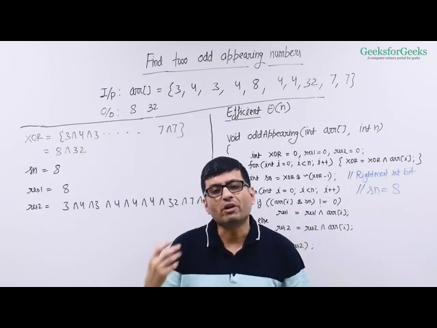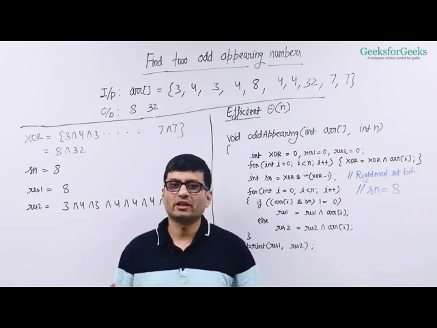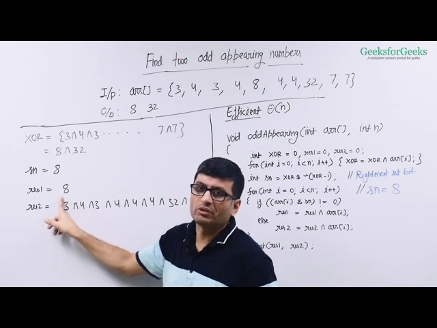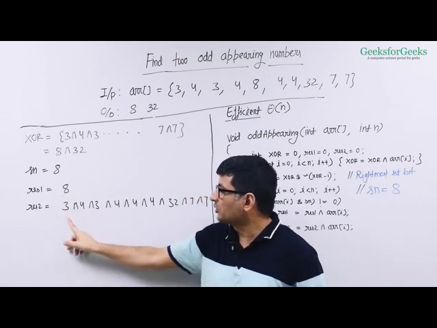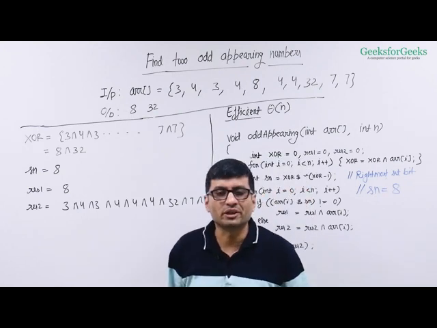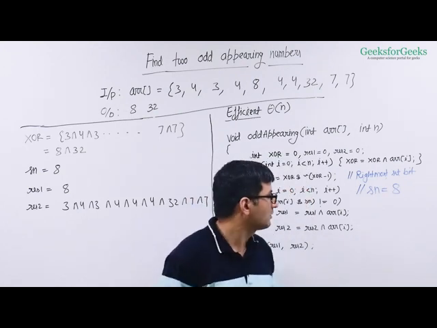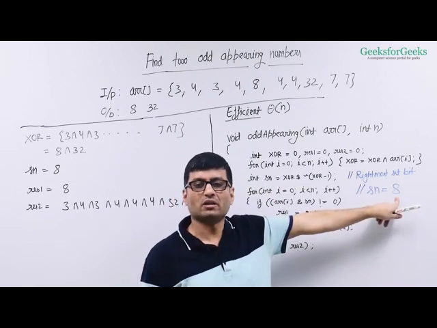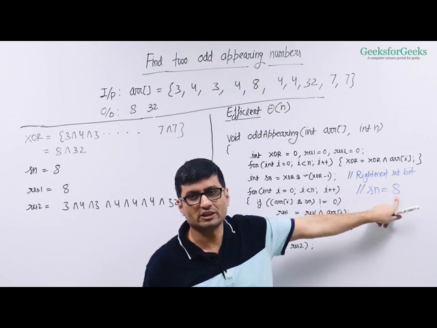There is only one number that has this bit set, and that is one of your results, 8. So your result 1 is going to have number 8 and result 2 is going to have XOR of all the remaining numbers, because all the remaining numbers do not have this bit set, which is the 4th bit from right side, which is the only bit set in this Sn.